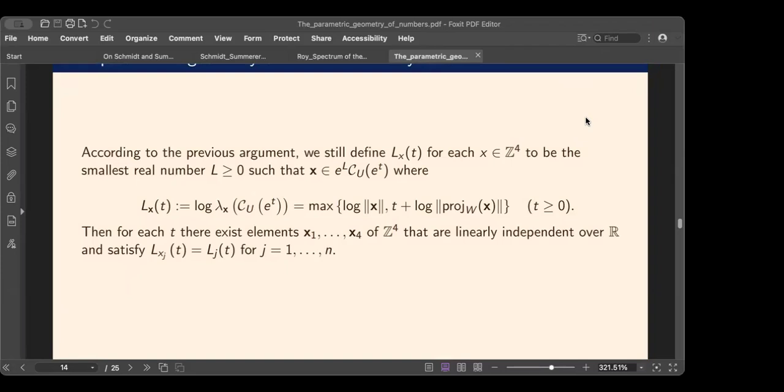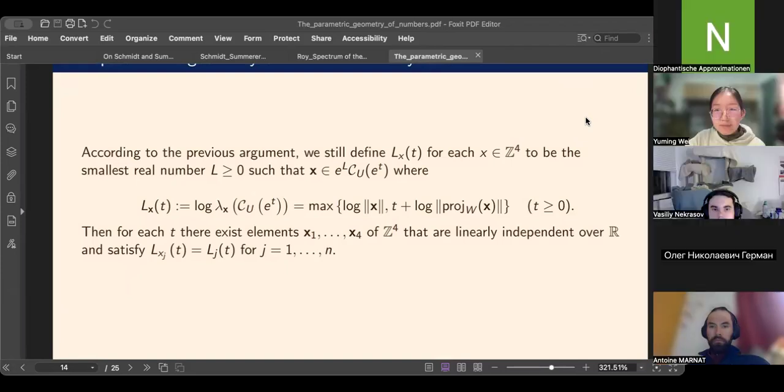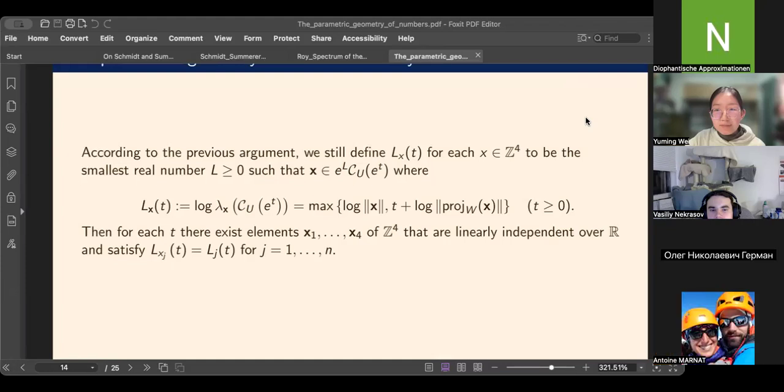Something seems to be wrong with the sound. Yes, something is wrong with the connection. It looks like Yuming's connection. I think now it is better to switch off video. It will work better, because we don't hear almost anything.